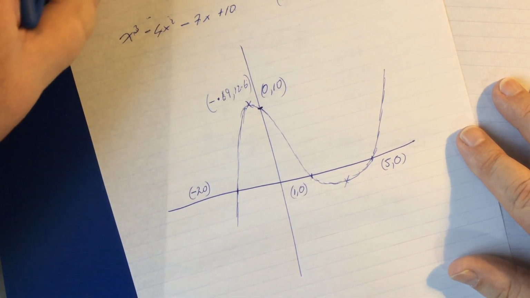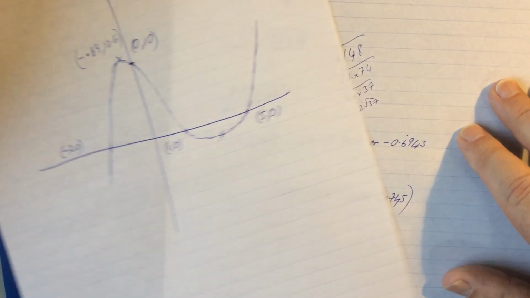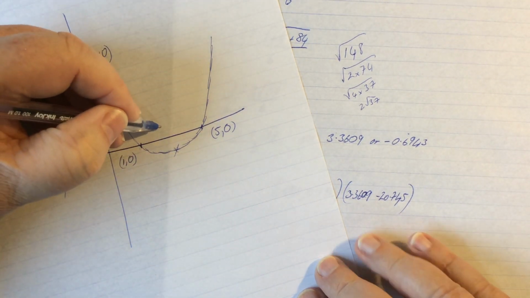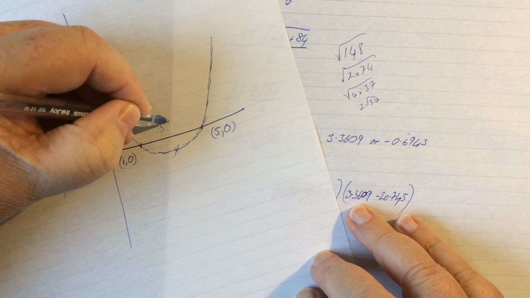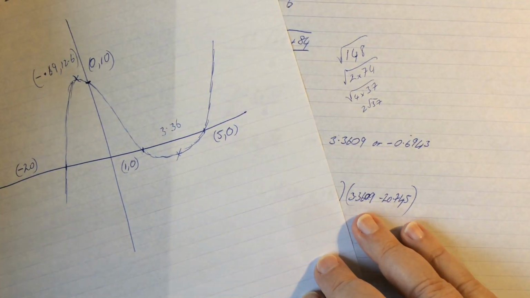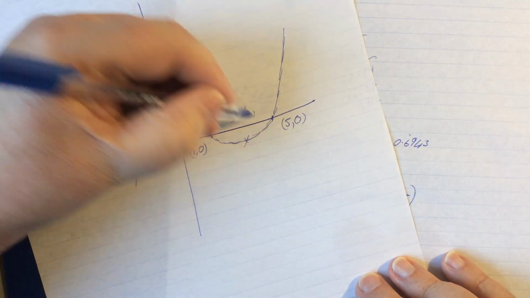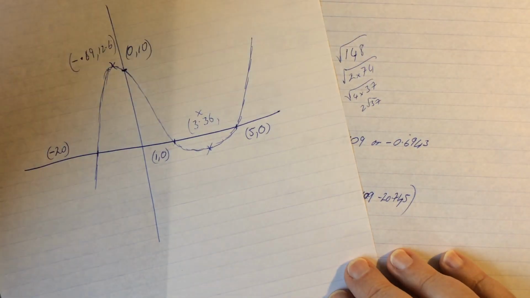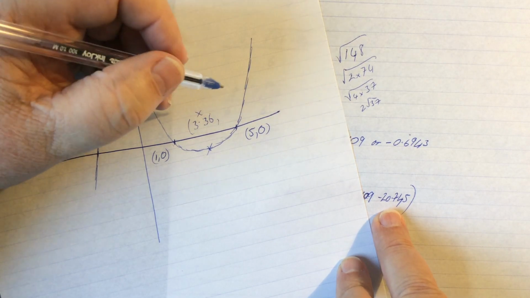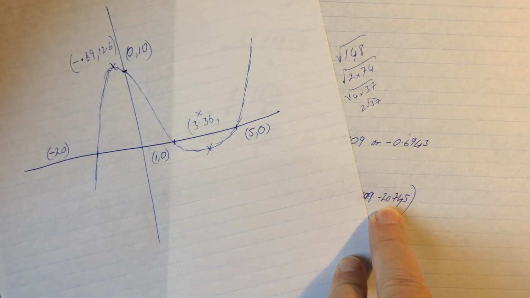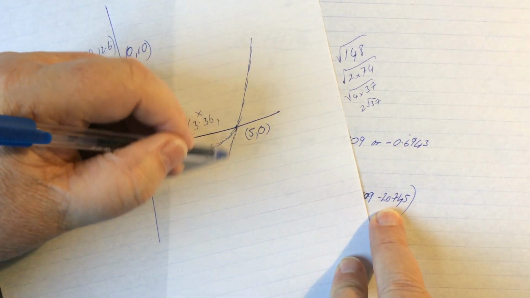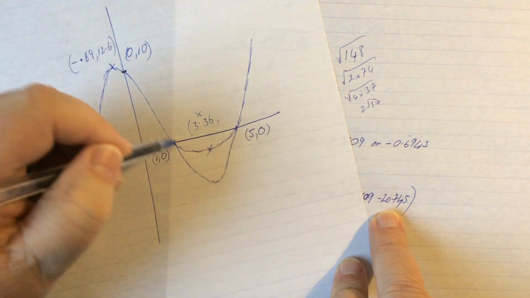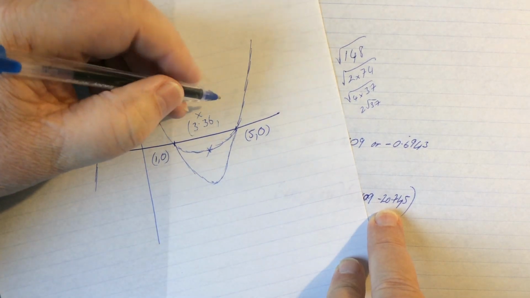Now, the next one, which is evidence that my drawing skills are really not up to scratch, this point here is 3.36, let's say. Okay, so there's 3.36. That's the x-coordinate of this turning point. And to my shame, when I put that into this equation, I should have drawn this with a much, much deeper curve on it, but never mind.